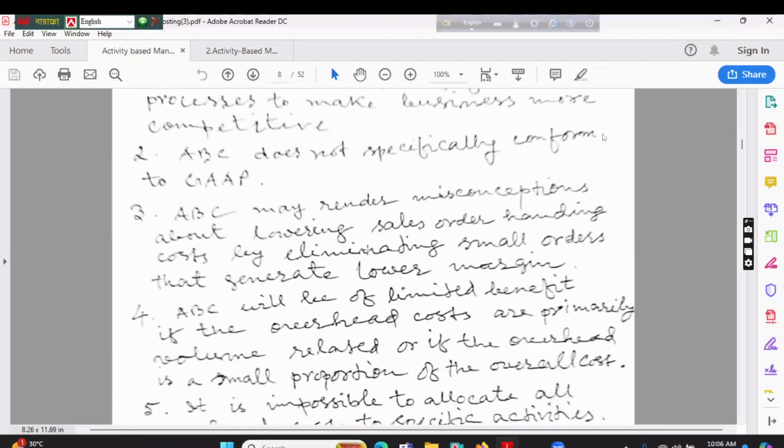ABC may render misconceptions about lowering sales order handling cost by eliminating small orders that generate lower margin.